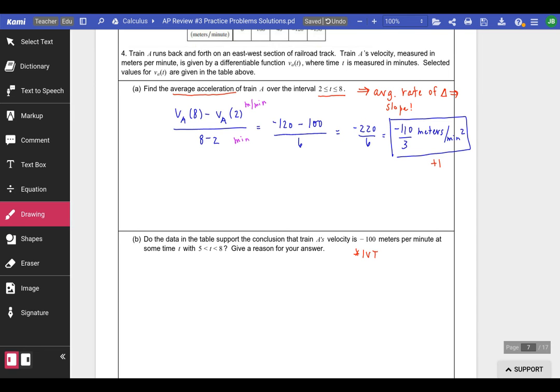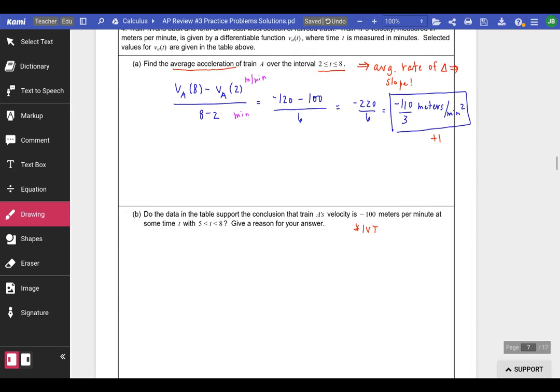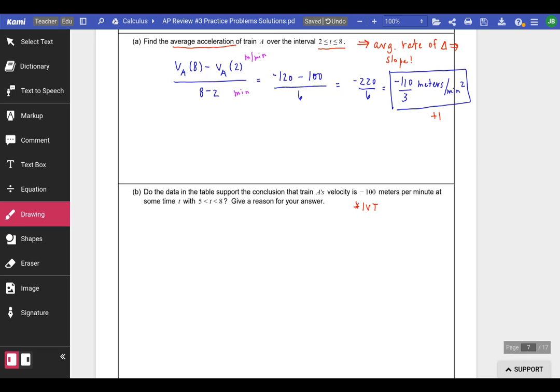Now, before I get started with the actual work, I just want to make a couple notes. So conditions for IVT: the first thing we have to address is our function, velocity of train A, is that continuous? We know continuity on an interval is a condition of the IVT.